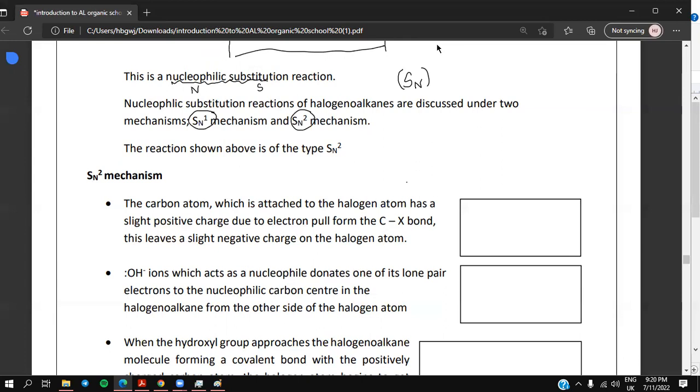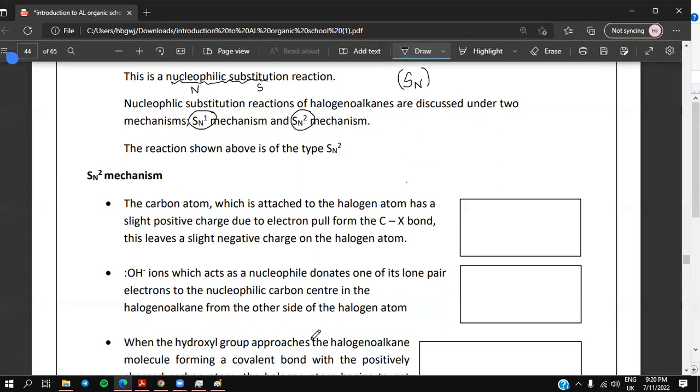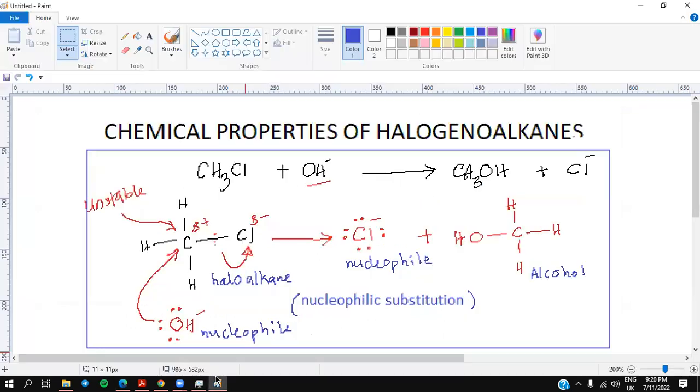And the note says the reaction shown above, the reaction mechanism we have taken down over here, is an SN2. There's another reaction SN1, but this is SN2.